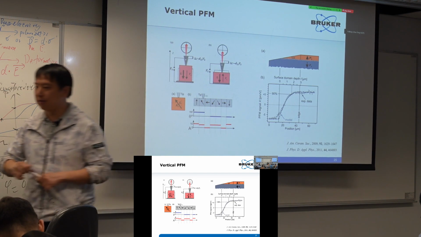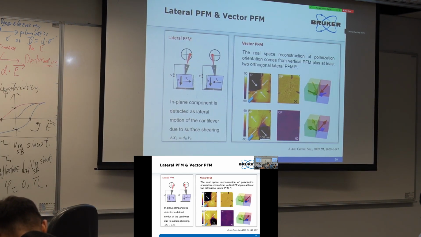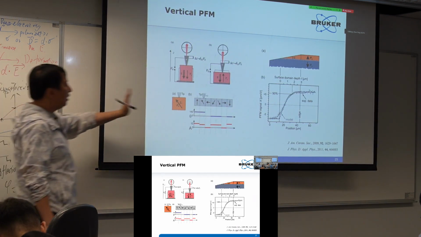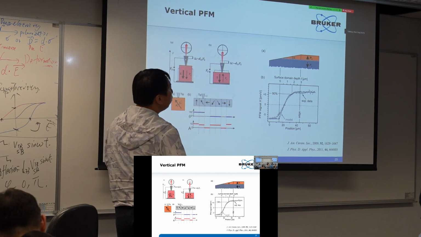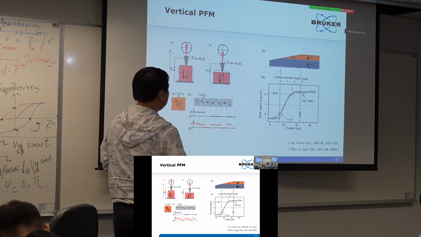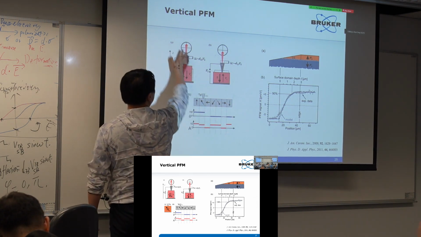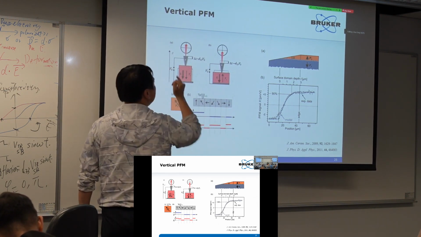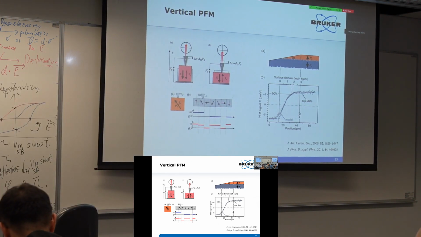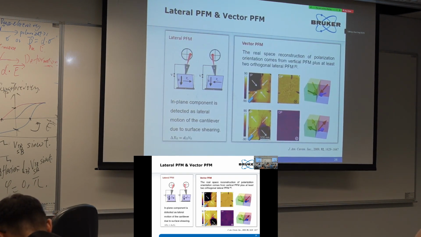So that's PFM. Since our polarization is in space, in principle it has three components, X, Y and Z. So this vertical PFM only studies the z-direction component, but there are still other directions, X and Y.